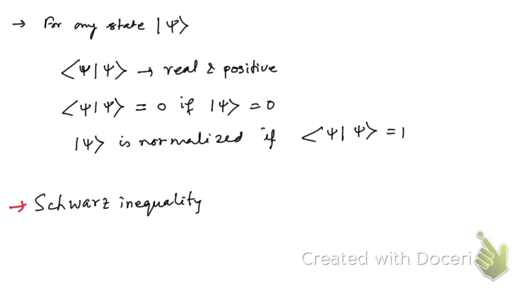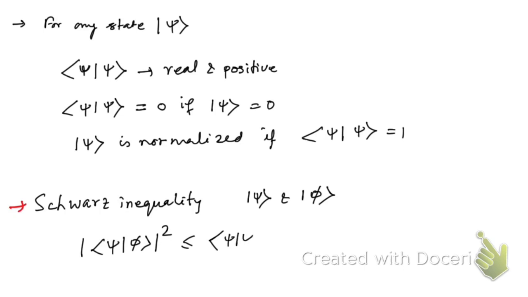For any two states, suppose we have ket psi and ket phi, the mod square of the scalar product of psi and phi is always less than or equal to the scalar product of psi and psi times that of phi and phi, right?